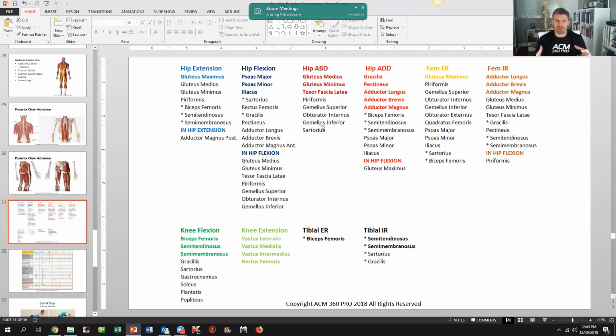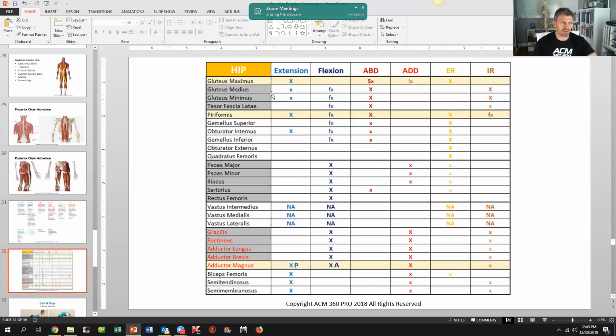It's really a matter of activating the weaker group, the antagonist group that is probably weak and inactive. So hopefully this helps you guys out. Just another diagram to illustrate how the musculature is arranged and their actions and influences.